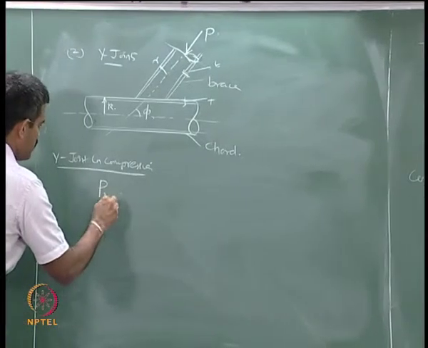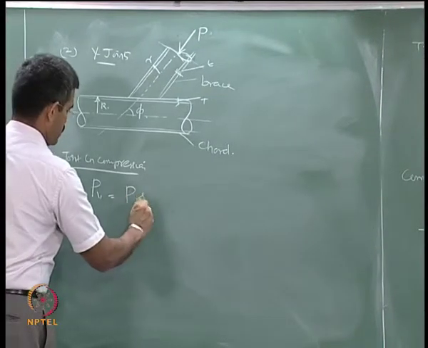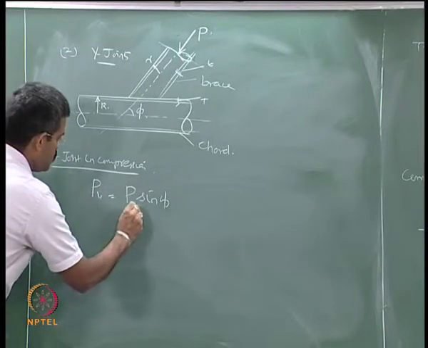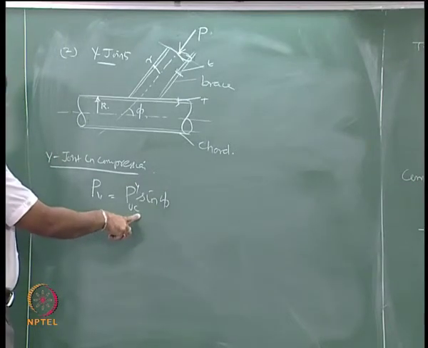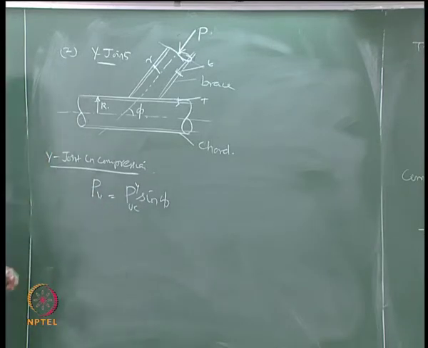equivalent force, which is P vertical, P sin phi, is it not, vertical force. I can call this P U C Y. U stands for ultimate, C stands for compression, and Y stands for not yield, this is Y joint.